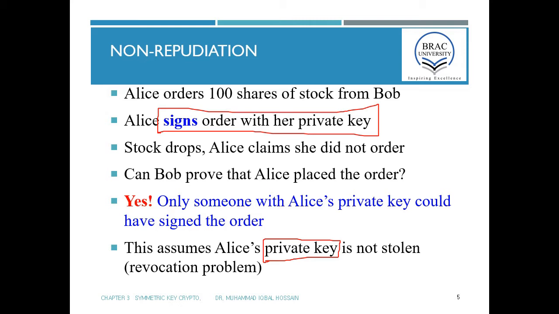In some cases you might lose your private key, and then you have to ask for another private key, which is another procedure. But in the normal sense, because you signed the order with your private key, it proves that you placed the order.